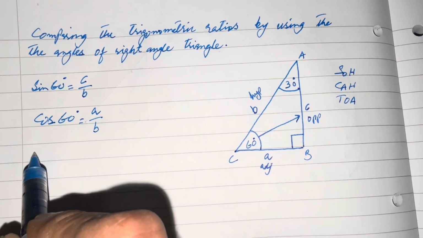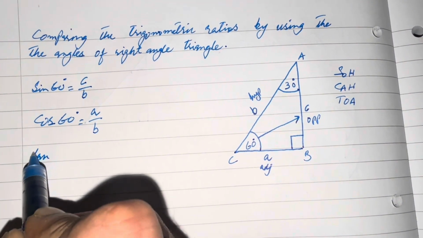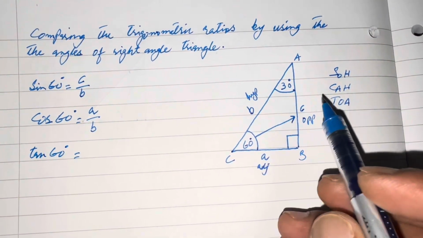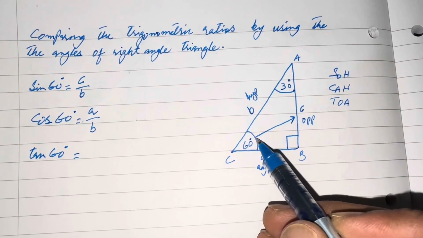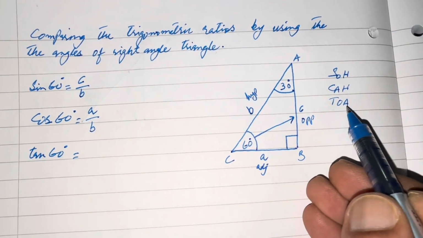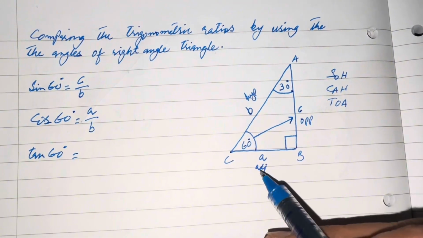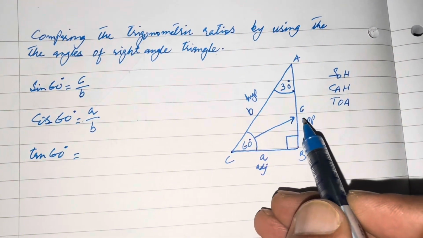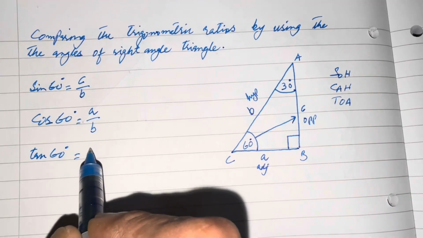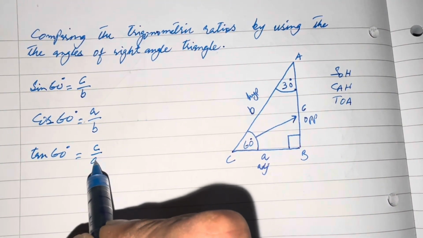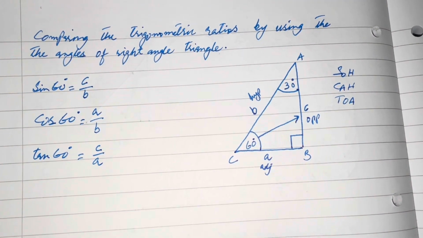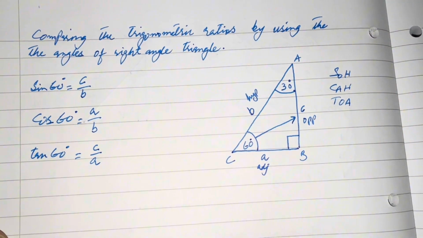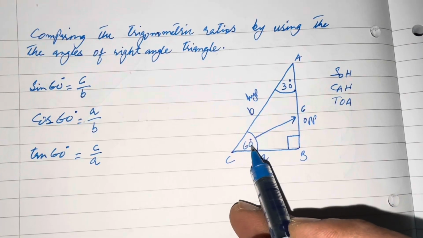Now the third ratio, tangent 60, will be equal to T for tangent, O for opposite, A for adjacent. So opposite divided by adjacent will be equal to tangent 60. The opposite is c divided by a. So these are the three main ratios that we have found with the help of these magical words with respect to angle 60.